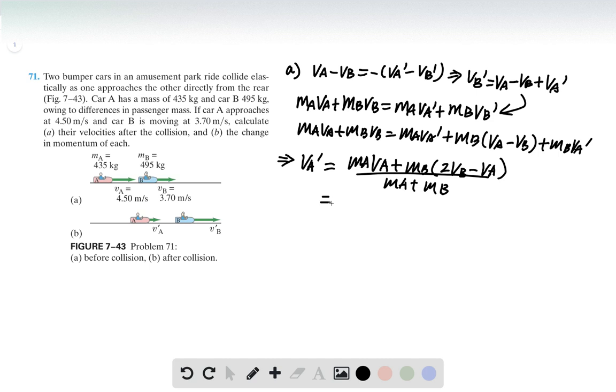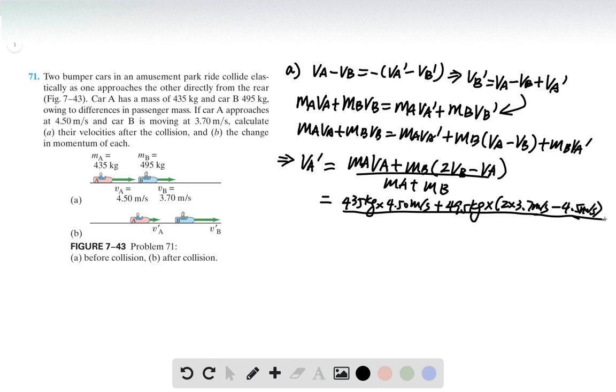Now we plug in everything. We have MAVA is 435 kilogram times 4.50 meters per second, plus MB is 495 kilogram times 2 times VB, which is 3.7 meters per second, subtract 4.5 meters per second.